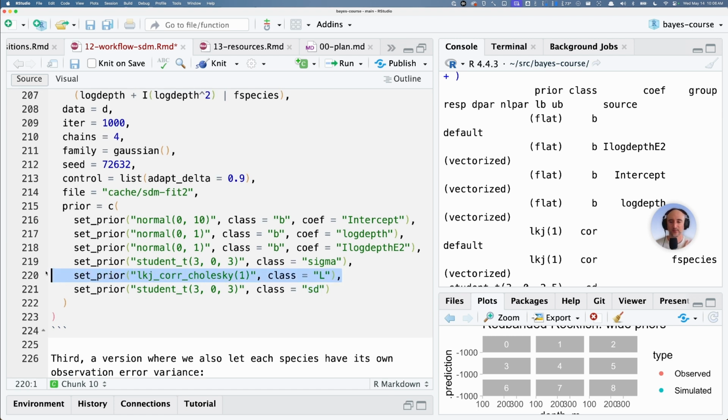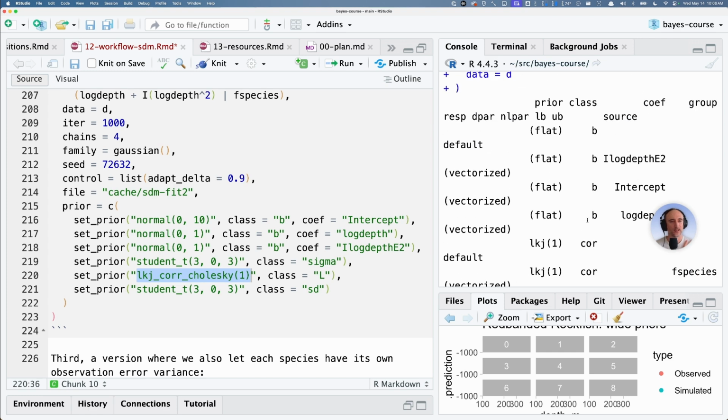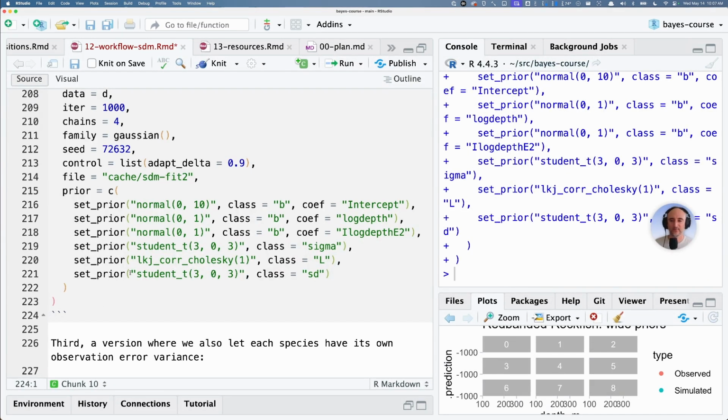And then I am going to set up that LKJ prior on that correlation, and I don't actually have to specify this because that is the default, but it's a good practice to specify it explicitly so that it's in the code, it's explicit what you did. And if the defaults change in BRMS down the road, your model will still be the same. So I'm going to fit that model.